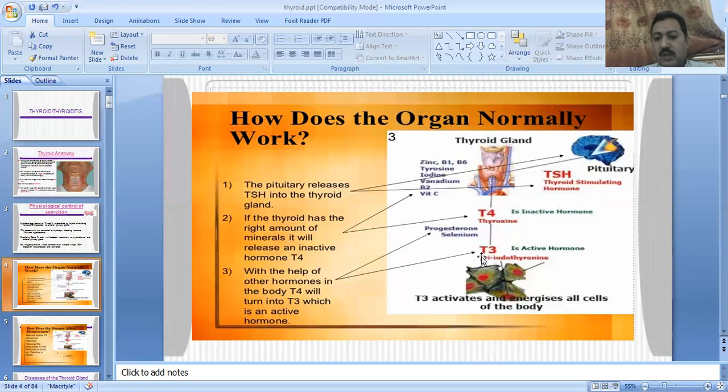This conversion occurs in the presence of selenium in the body, which converts the inactive form, T4 thyroxine, to the active form of the thyroid hormone, T3 triiodothyronine, in the peripheral tissue. So this gives energy to the body cells in normal conditions.